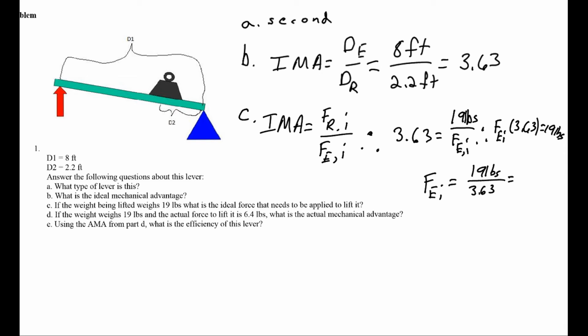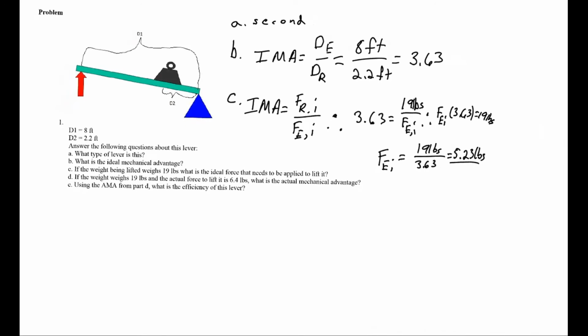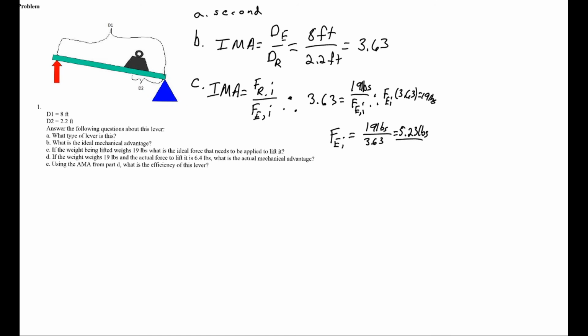And what's our ideal effort force? 5.23 pounds. So that's answer number C. Any questions about that one? I'm going to shrink this down a little bit. There's some space underneath.